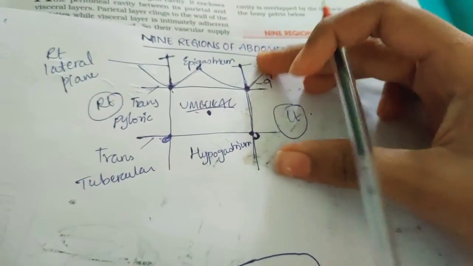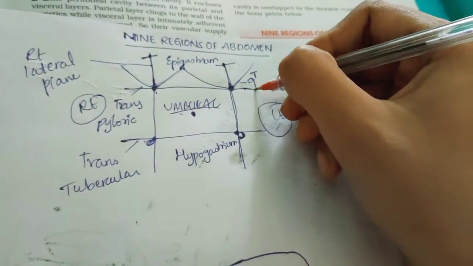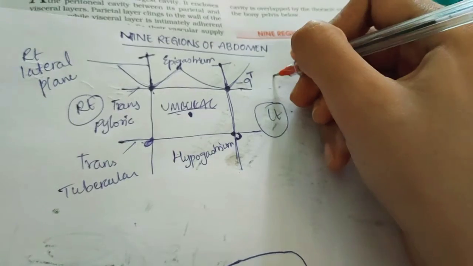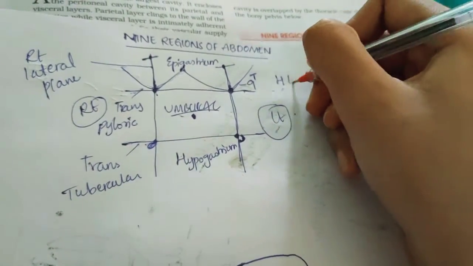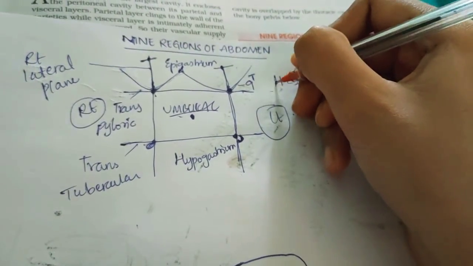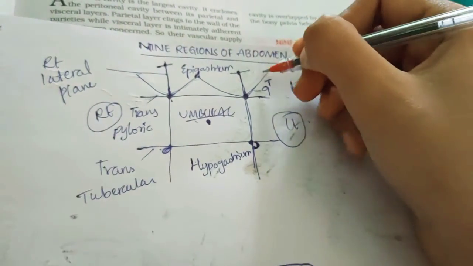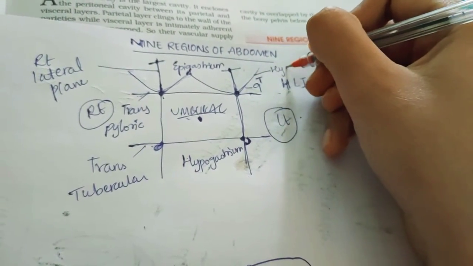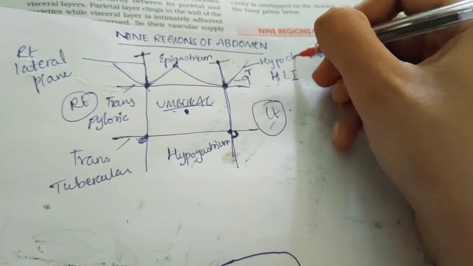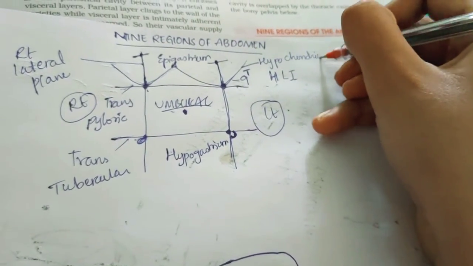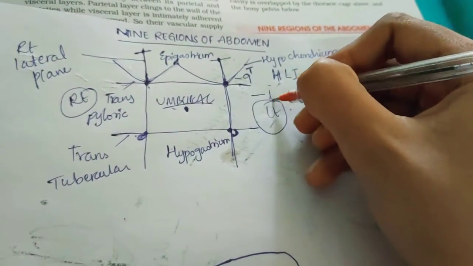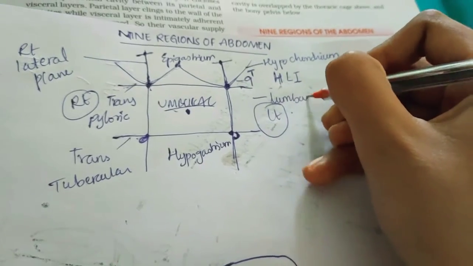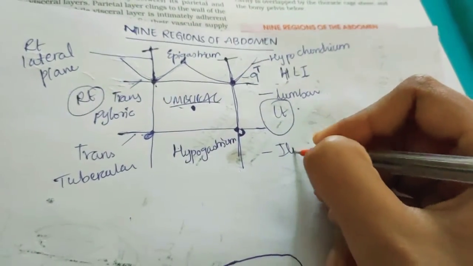And on the sides you actually have 3 regions. You can remember them like a word, HLI. That is, this one is hypochondrium, this is lumbar, and this is iliac. So very simple.